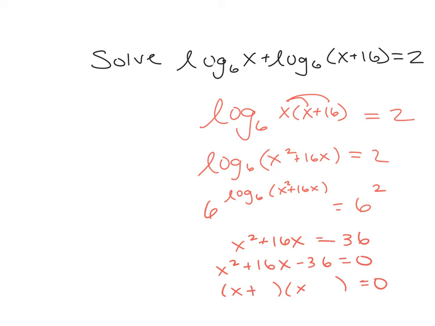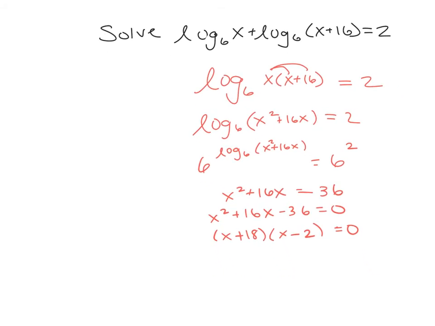And let's see, looks like it will factor nicely. And so let's see if I can make a little more room there. So I'll get x plus 18 equals 0, x minus 2 equals 0. So I get x equals negative 18 and x equals 2. But there's something we have to be careful about. When we have logarithmic equations, sometimes we're going to get what's called extraneous solutions, which means we did everything right in the solving process, but we might get an answer that when plugged back in won't actually work.